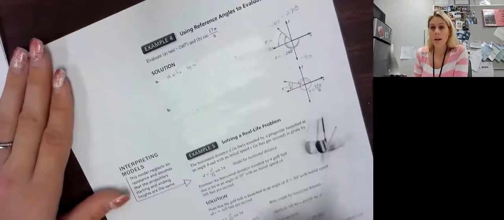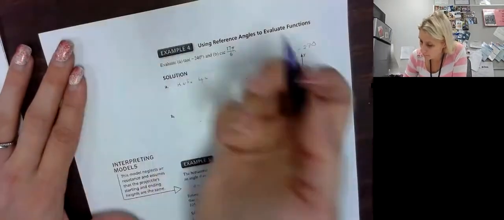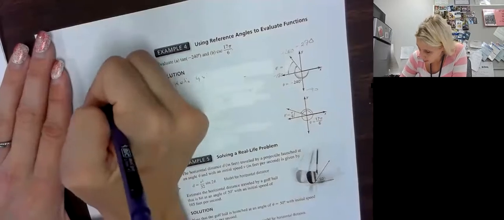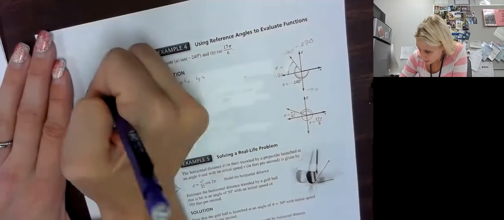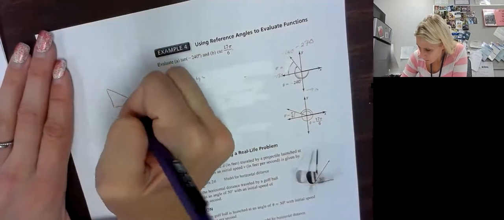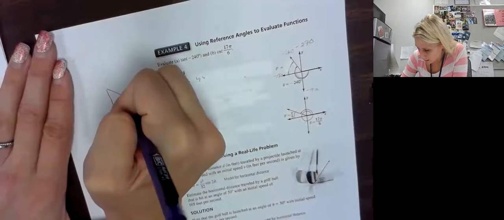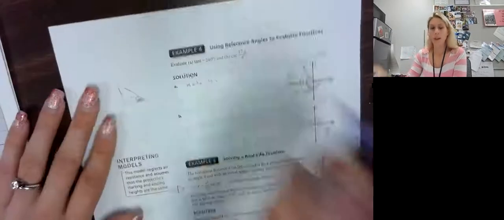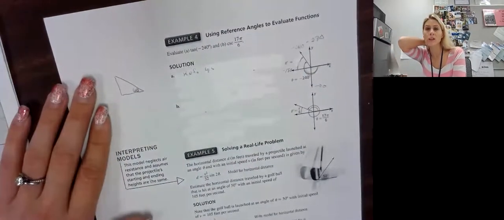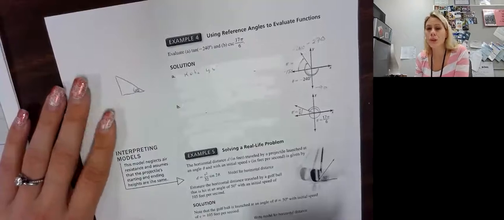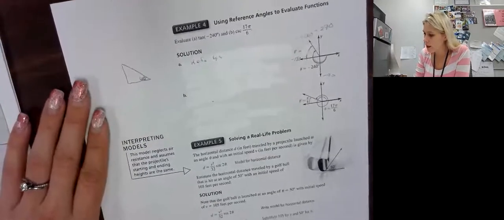Okay, so if I think of my reference triangle, right? We have 60 degrees. And you can use your special right triangles for this. You can use your unit circle for this, whatever you need, okay?